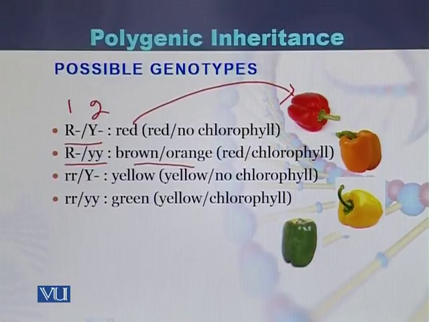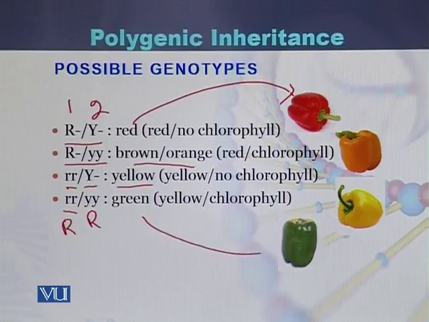In the third case, if gene 1 is in recessive form while gene 2 is in dominant form, then the color of the pepper would be yellow. In the fourth case, if gene number 1 is in recessive form and gene 2 is also in recessive form, then the color of the pepper would be green.